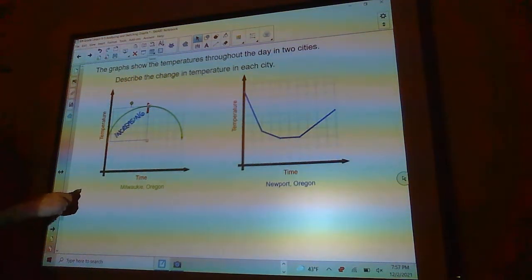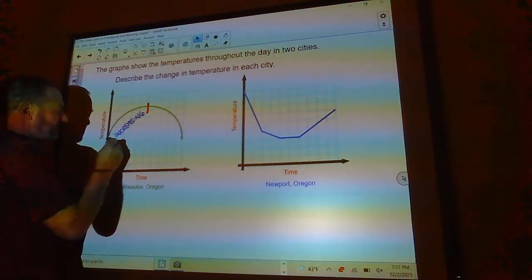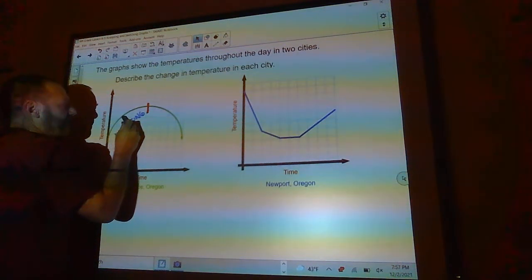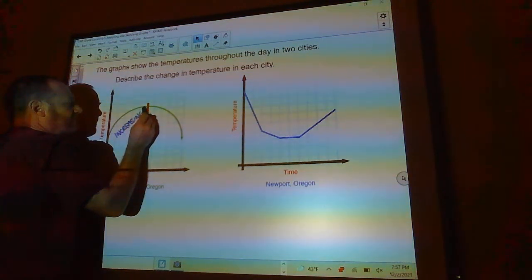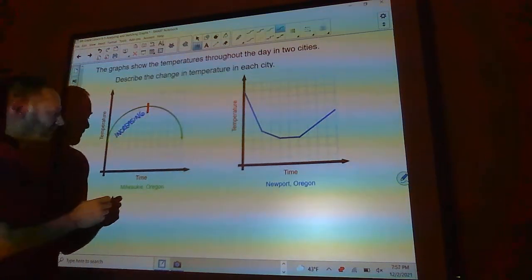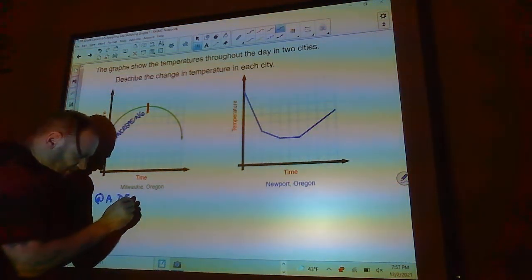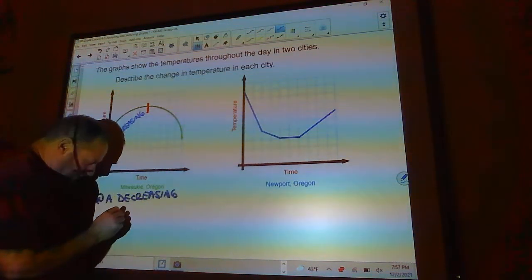Now it is increasing at a decreasing rate. The temperature is increasing pretty fast right here, and it's still increasing, but it's slowing down in how much it increases. And now it's increasing very slowly right here. So we would say that it's increasing at a decreasing rate.